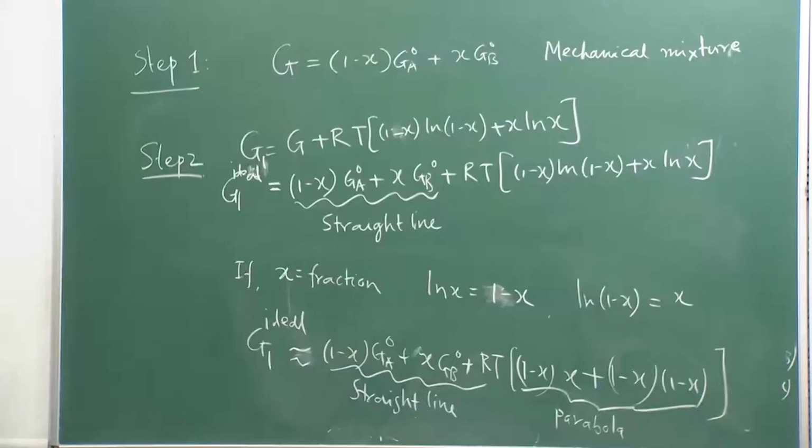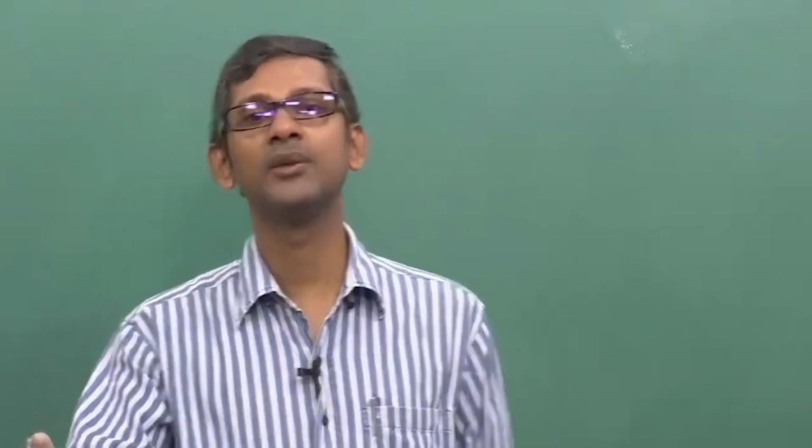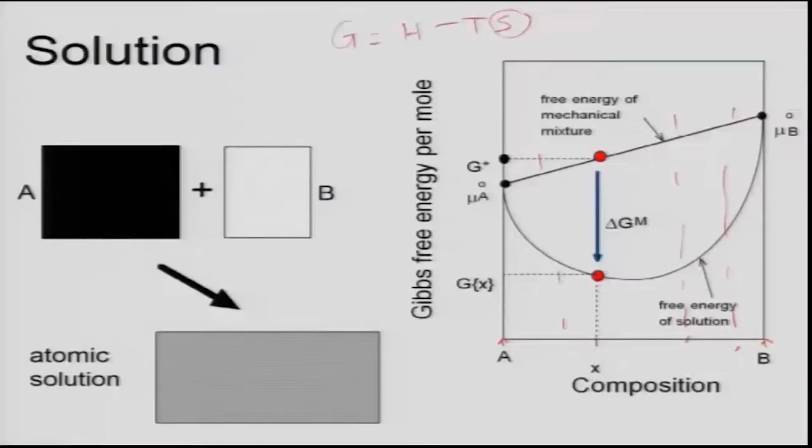The moment you put two atoms side by side, they are mechanically mixed, and this mechanical mixing leads to a change of free energy given by this straight line. If you add them together, you get the total free energy of the system, which is shown on the y axis in this plot. See here, the y axis, and the x axis is nothing but x. So, this is the real meaning of these kinds of curves.